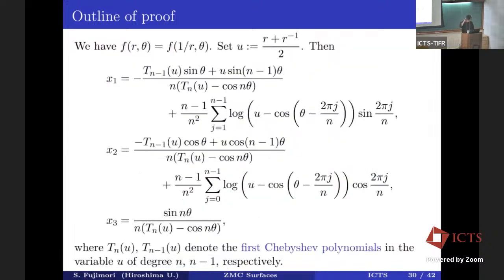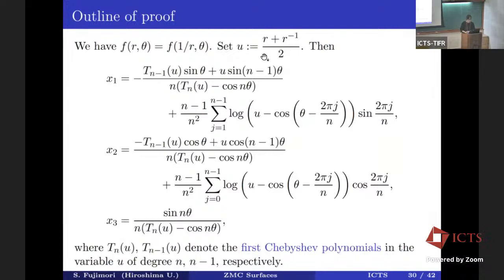We see that there is a symmetry: f of r and theta equals f of 1 over r and theta.